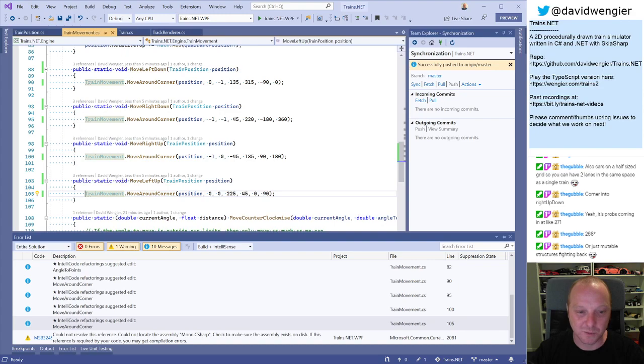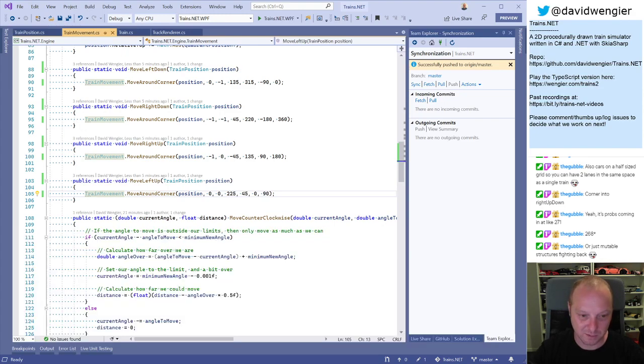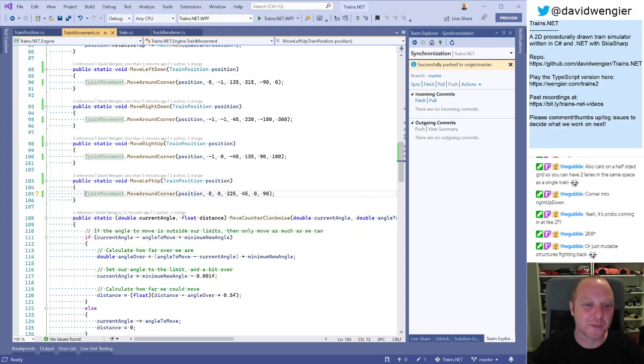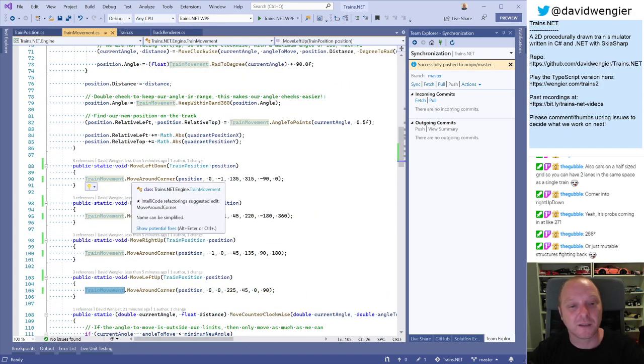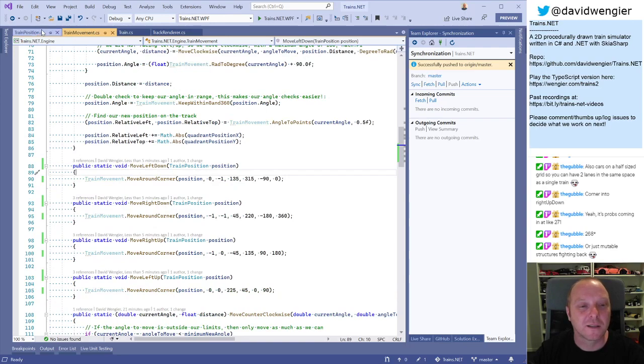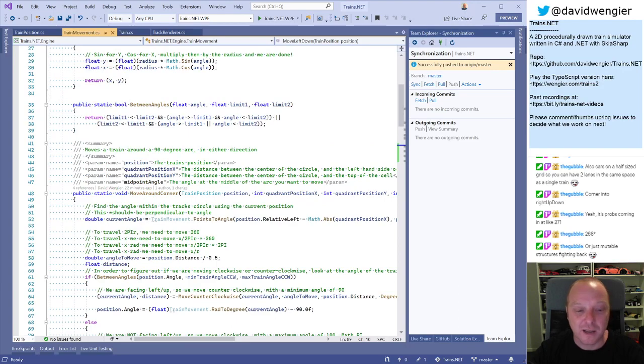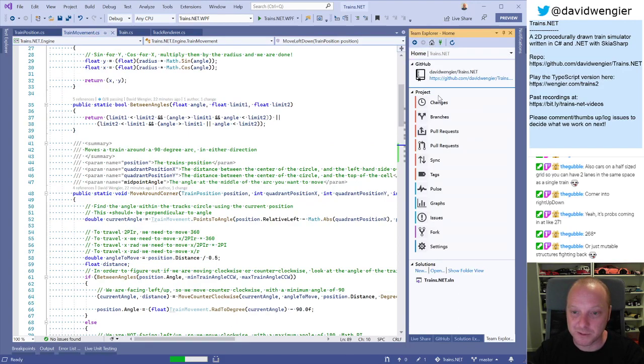Suggested edits move around corner. What were they going to suggest? No, that makes no sense. Okay. So IntelliCode has seen that I took off the static method name. Oh no, it didn't say that at all. Huh. I could actually do that, we've done it. Anyway. Alright, now I've got some more changes to commit. God, why do I always do that?